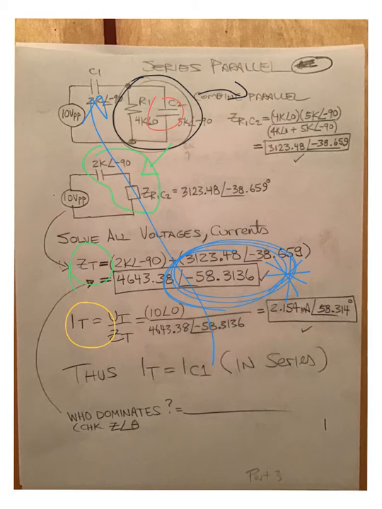There'd be no way to be inductive. There's no inductor in the circuit. So we are heavy capacitive. If the answer was below minus 45 degrees, then we could say it's resistive. But this circuit is not. This ZT that's sitting over here circled in red, that ZT right here is the ZT of the whole circuit.